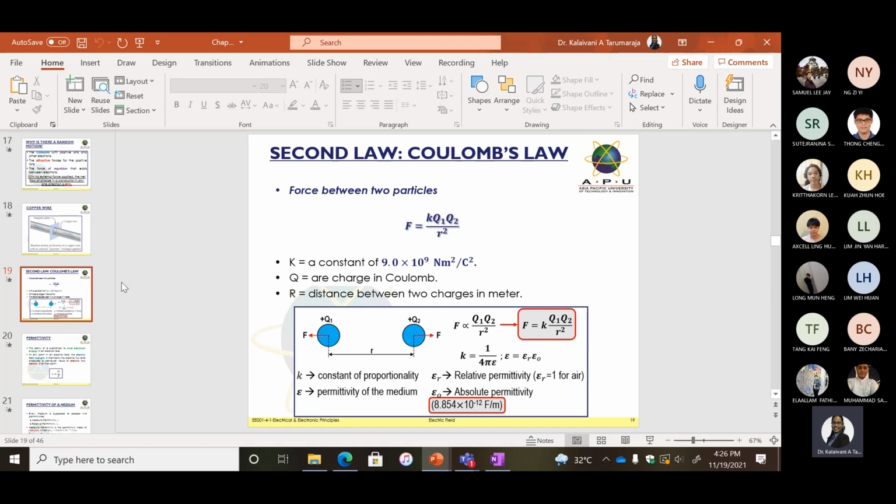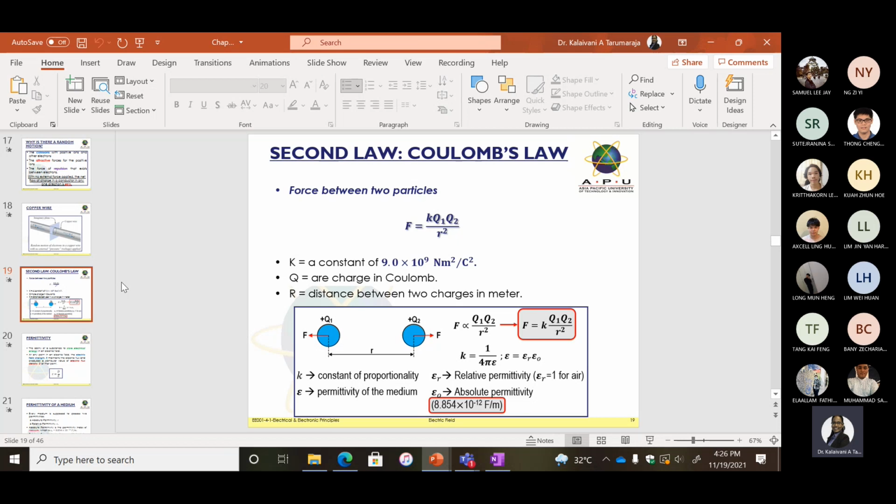The permittivity has the R subscript and the O subscript, and there is a difference between them. R stands for the relative permittivity of the medium, and O for the absolute. The overall is the permittivity of the medium, but it is divided into two: one is relative, one is absolute.